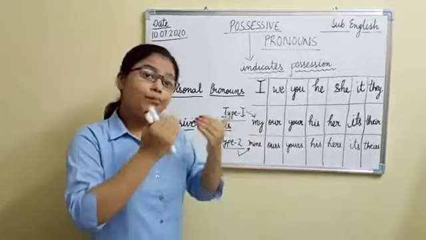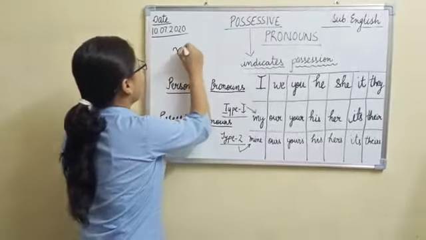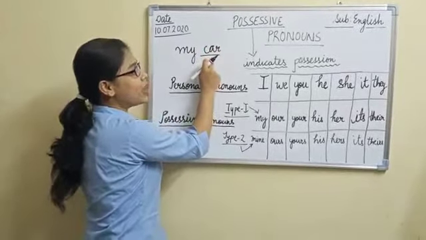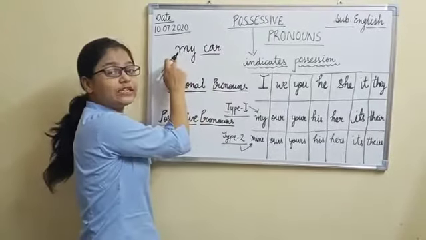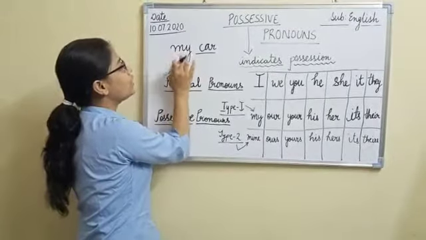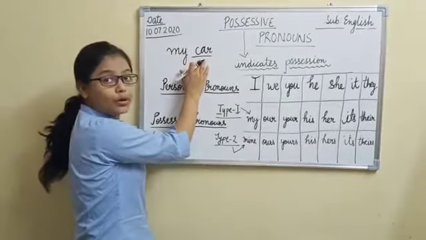They come before nouns. For example, if I say my car, here car is the noun, and this possessive determiner or adjective is used before the noun, right?